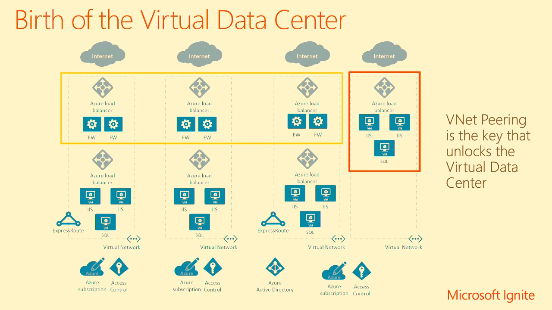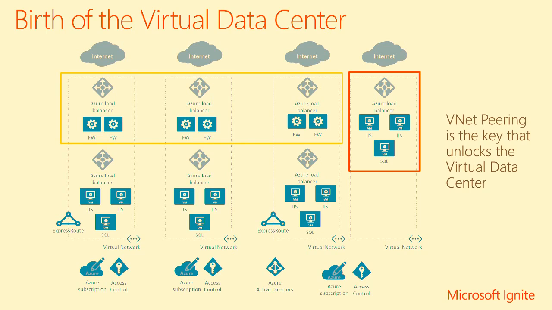VNet peering is a method through which you are able to connect virtual networks together. Before we go into the VNet peering aspects, we need to take a step back and understand how virtual networks can be connected firsthand. For that, we need to take a look at what a VNet is.